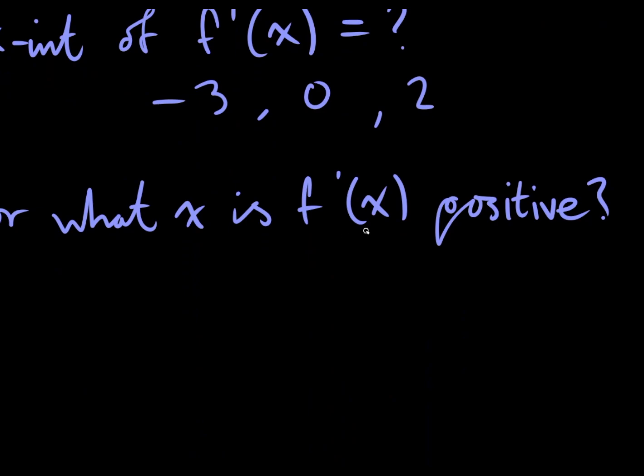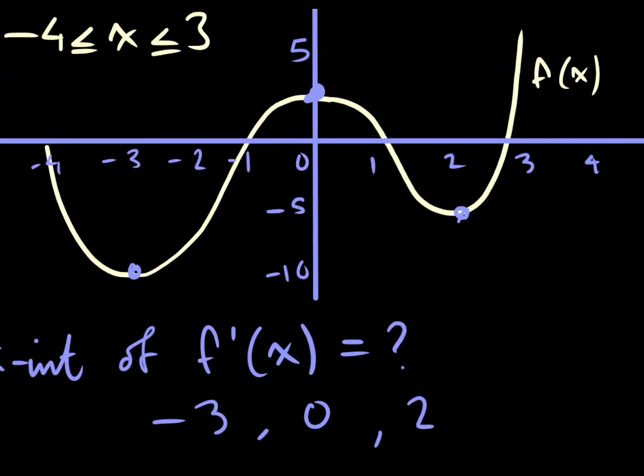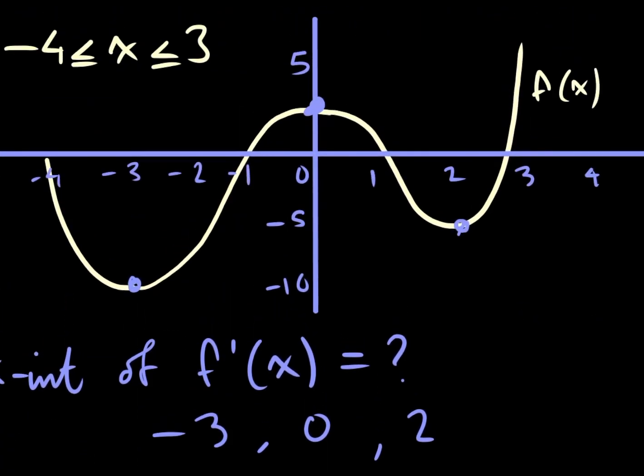And the next part asks for what x is f prime of x positive. Since we're talking about the derivative function here, it's only the parts where there's an increase. So here there's an increase and it steadies out here, but it's still increasing to a point before decreasing. So we can see that from -3 to 0, there's this behavior, and then from 2 onwards.